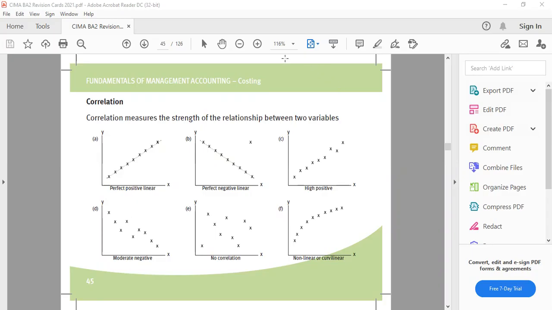When there is a change in variable x, there is a change in variable y in the same direction. When x is increasing, y is also increasing. But if it is the other way around, when variable x increases and variable y decreases, that's perfect negative linear.